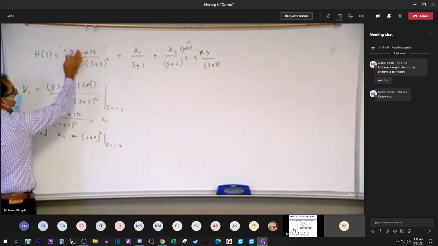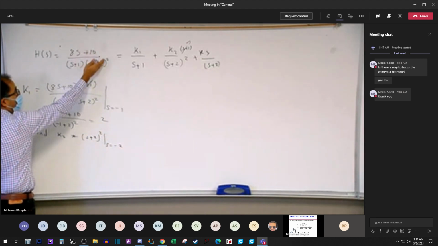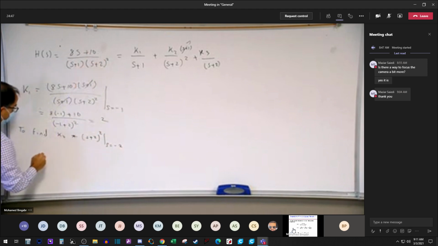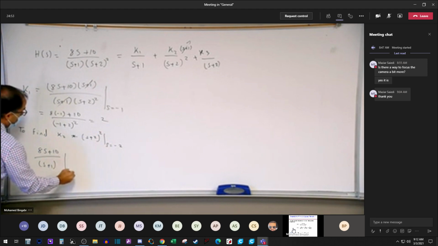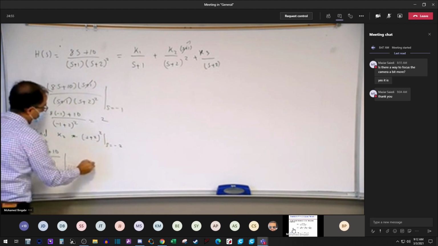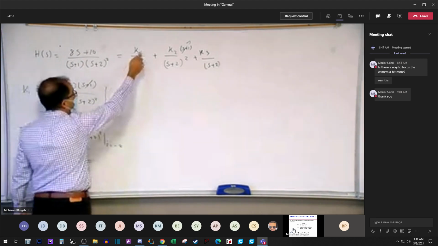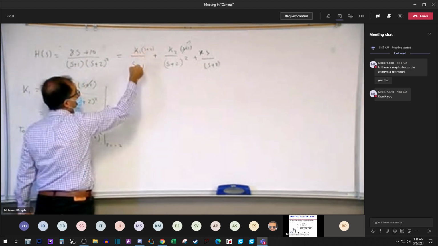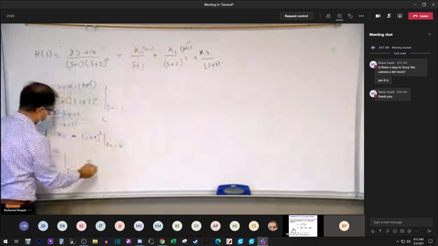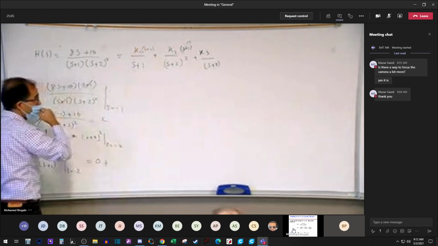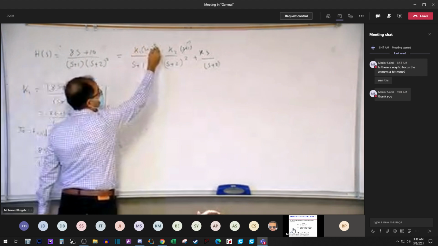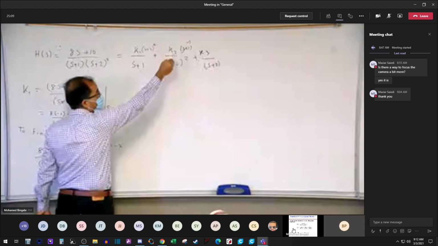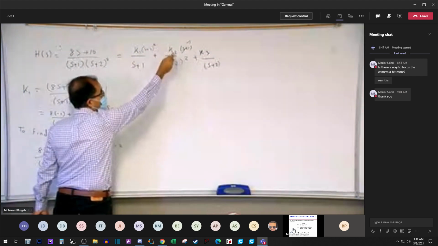When I multiply this side by (s plus 2) squared, that will cancel here, and that will end up just with 8s plus 10 over s plus 1, and then you set s equal to minus 2. When you multiply this by s plus 2 and set s to minus 2, that will go to 0. When you multiply this by (s plus 2) squared, this will cancel, and you will have only K2.